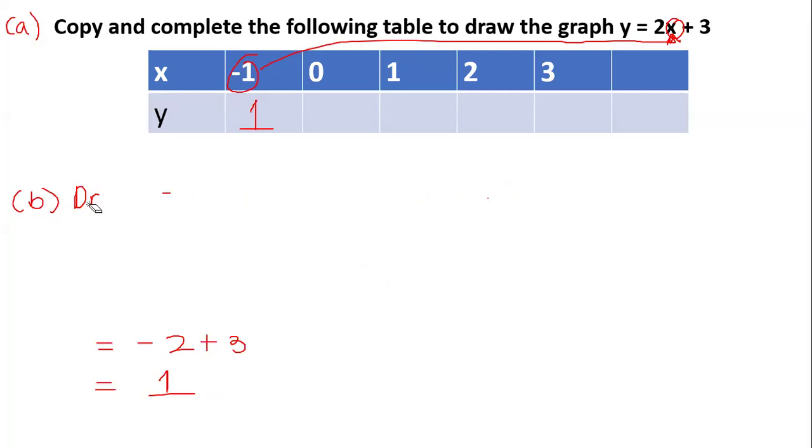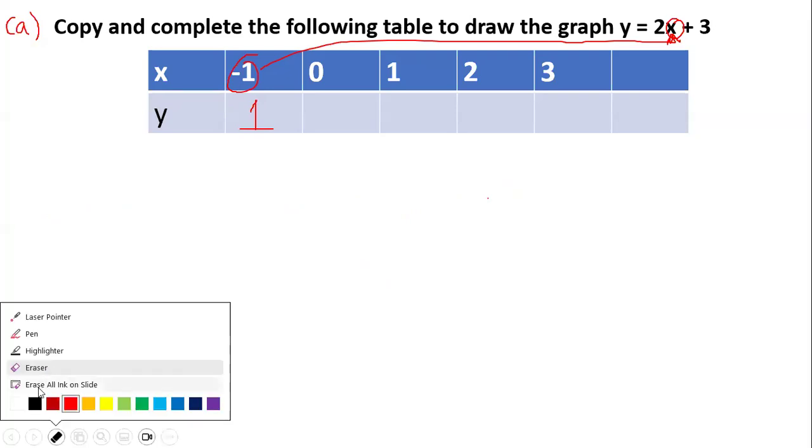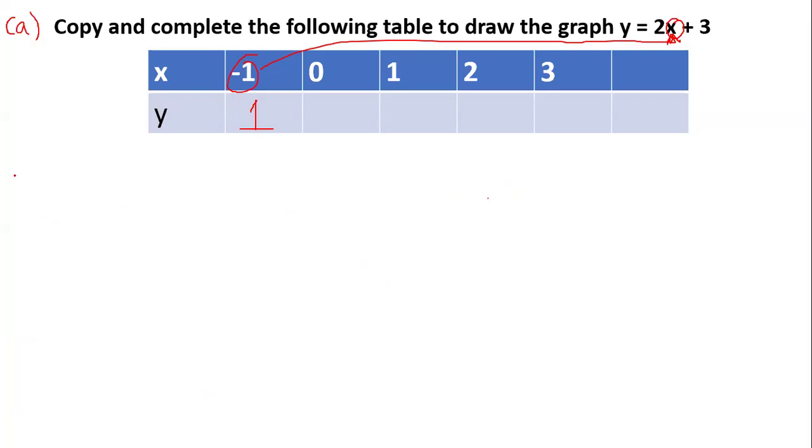1. Very good. So how do we do that? Let's go ahead and do it together. We have x is equal to -1. So we say y is equal to 2x plus 3.